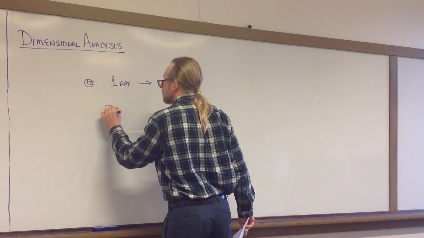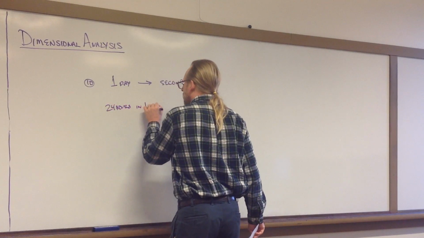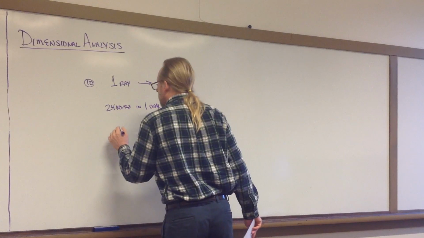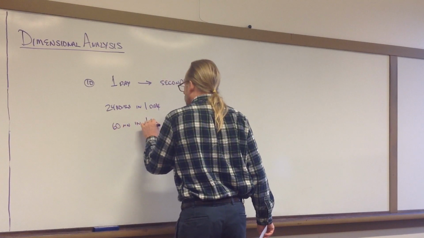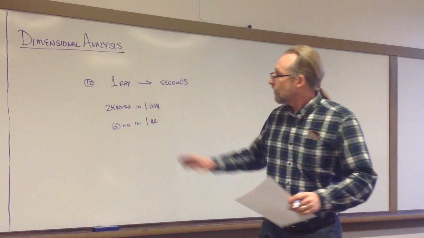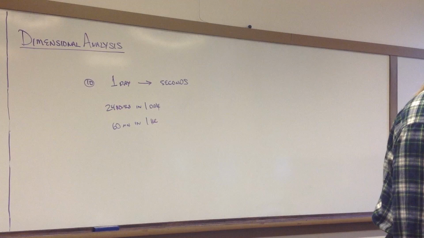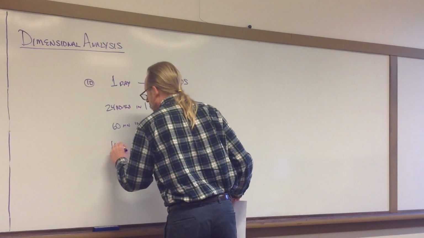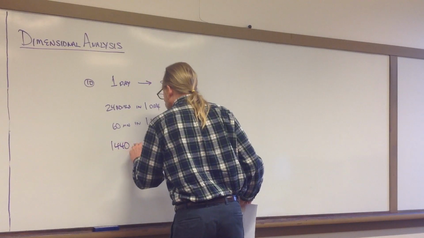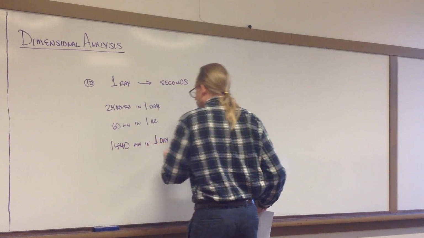Because we know that there's 24 hours in 1 day and 60 minutes in 1 hour. So we need to do 24 times 60, 1,440 minutes in 24 hours, which is 1 day.